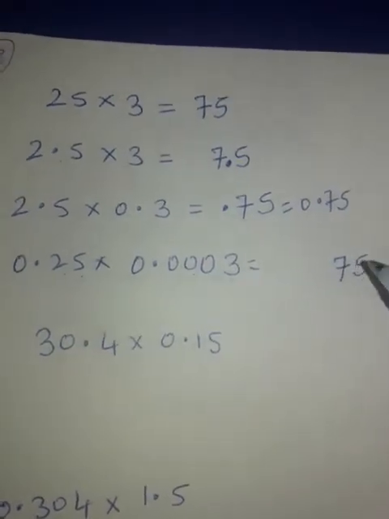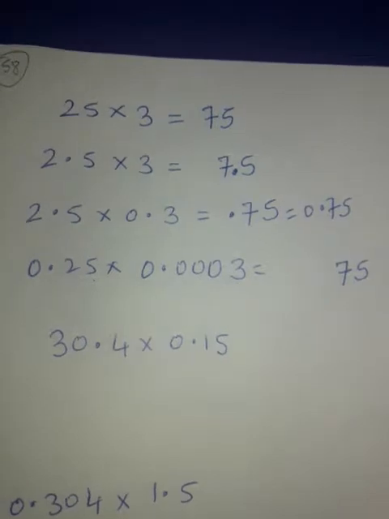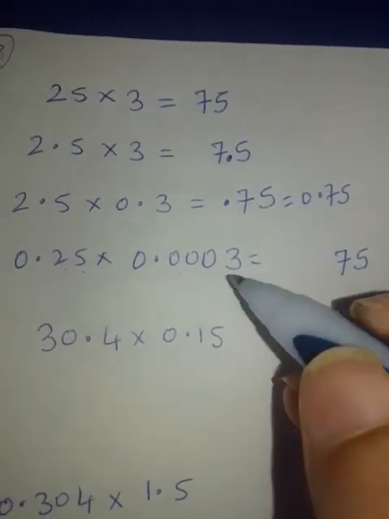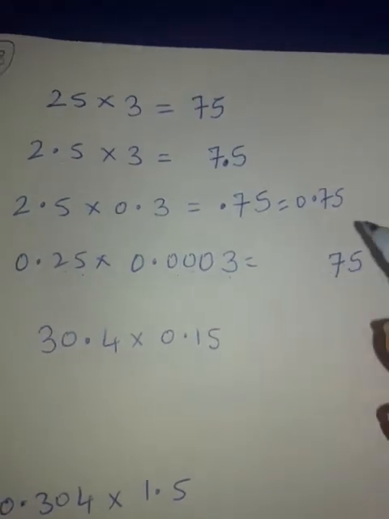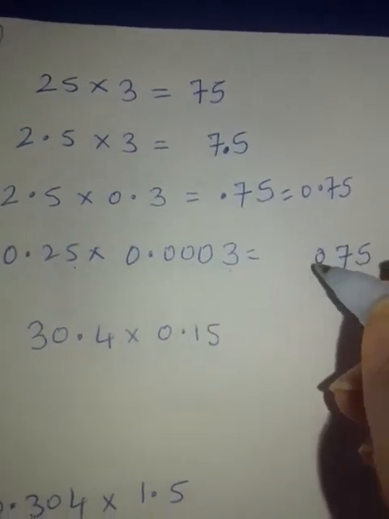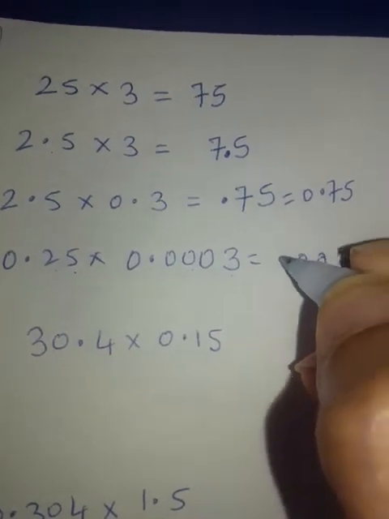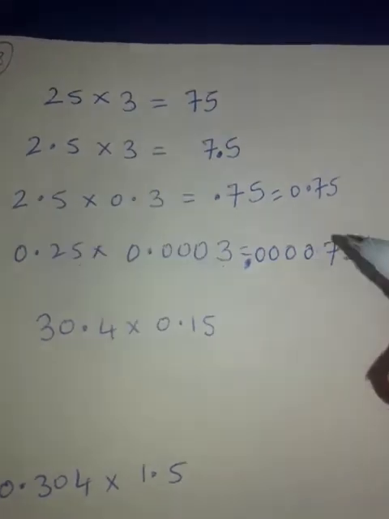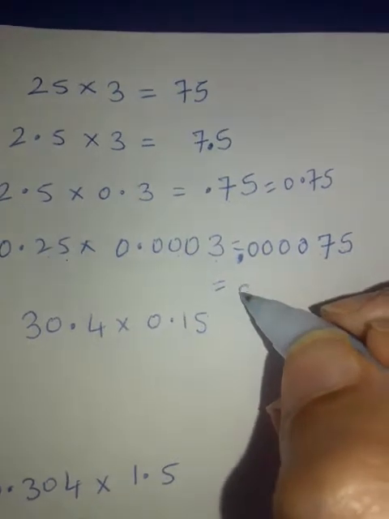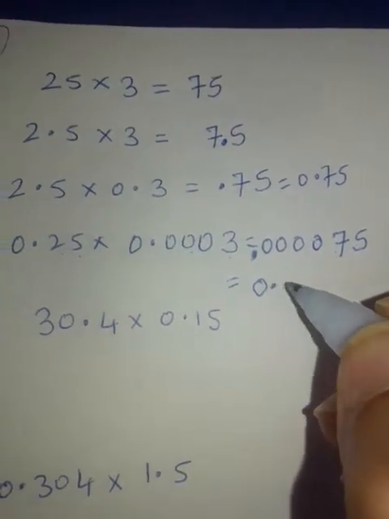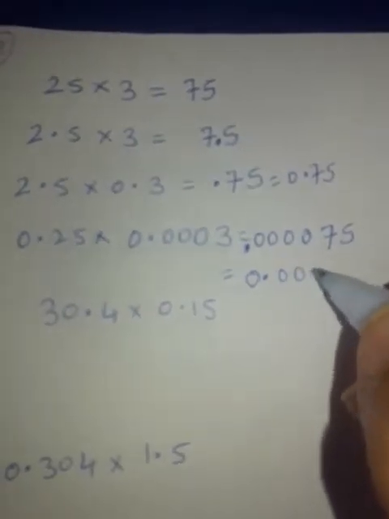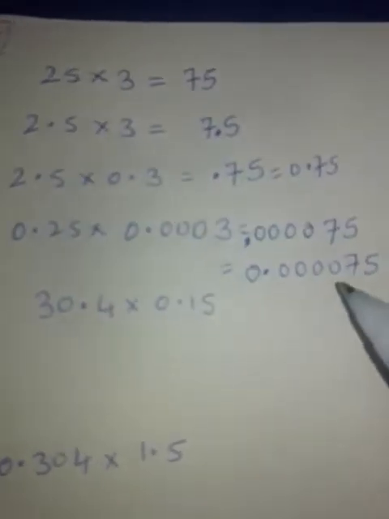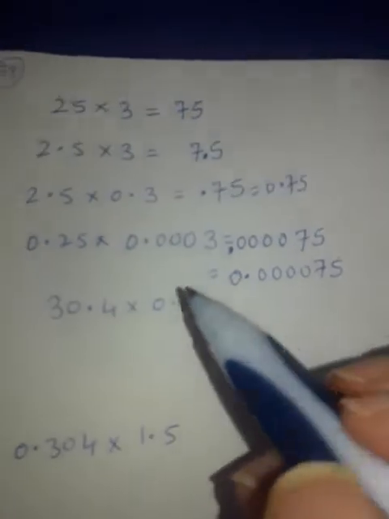So in your answer also there should be 6 places after the decimal point. Start counting from right to left. 1, 2, 3, 4, 5, 6 and now give a decimal point. So your answer is, you can put a 0 before the decimal point, 0.000075. This becomes your answer.